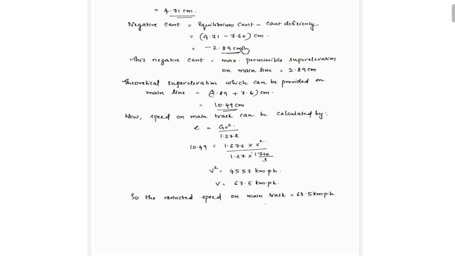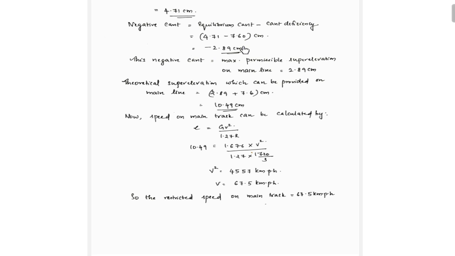Okay. Now you have to find out the maximum speed which is to be allowed on the main track. That is our question. So what you have to do? Maximum permissible speed can be calculated once you know the theoretical super elevation. How can you find out the theoretical super elevation? You know cant deficiency is equal to theoretical cant minus actual cant.